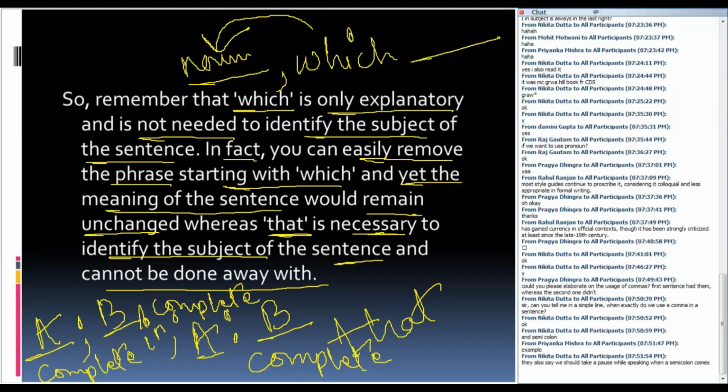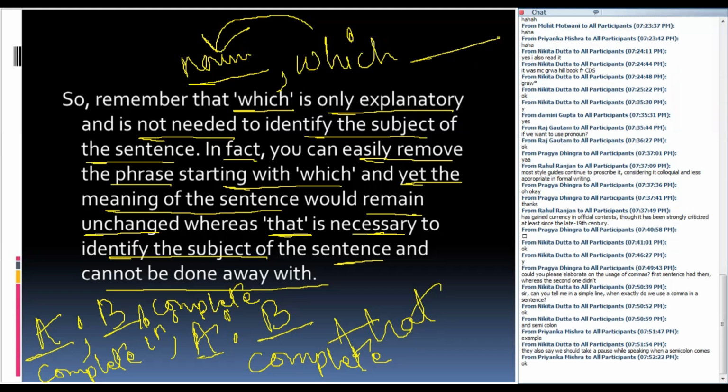Some books will say when there is a semicolon, both the sentences should be complete, and when there is a colon, the first should be complete and the second incomplete. Yes, I will give you an example, but first let me finish.